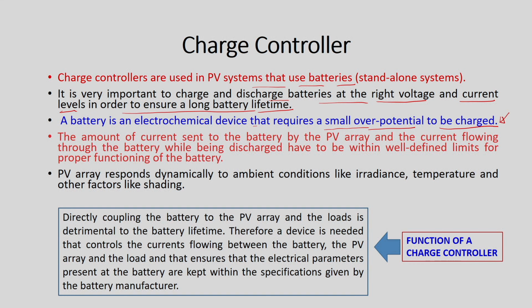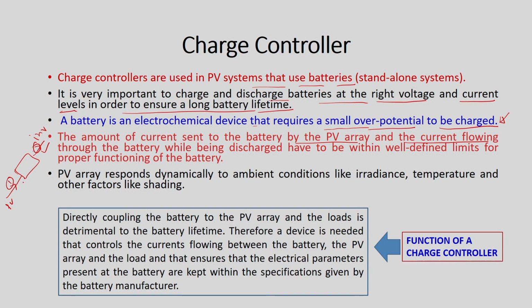Consider the amount of current sent to the battery by the PV array and the current flowing out of the battery. If we consider a battery, the current flows from the PV into it and then goes out from the battery, maybe to an inverter. I am talking about this current and this current.